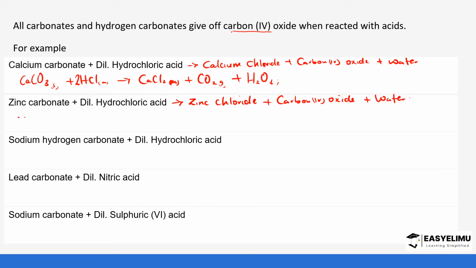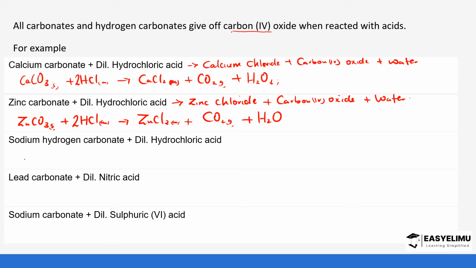So the equation is going to be zinc carbonate plus hydrochloric acid to form zinc chloride plus carbon dioxide plus water. In the same manner, we are going to balance by putting a 2 here.